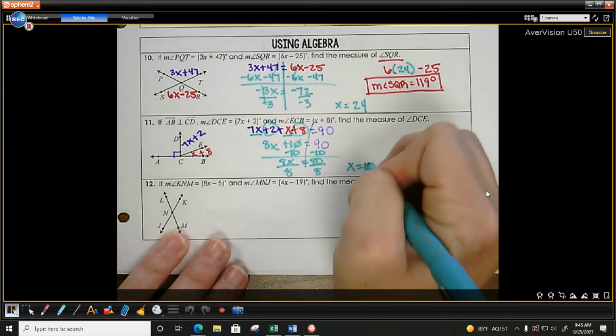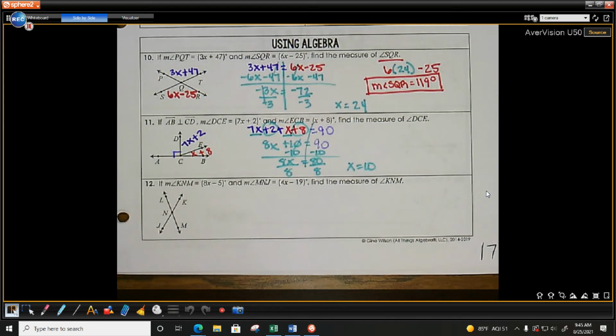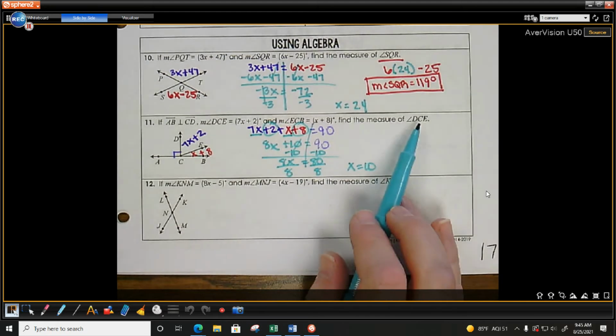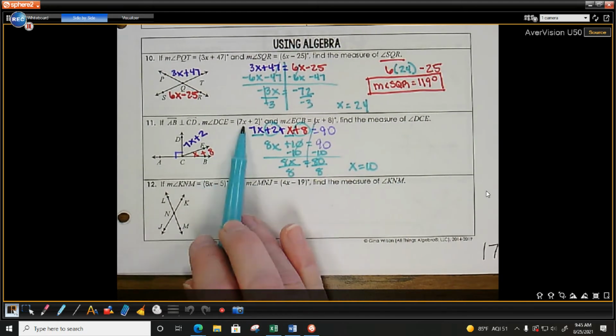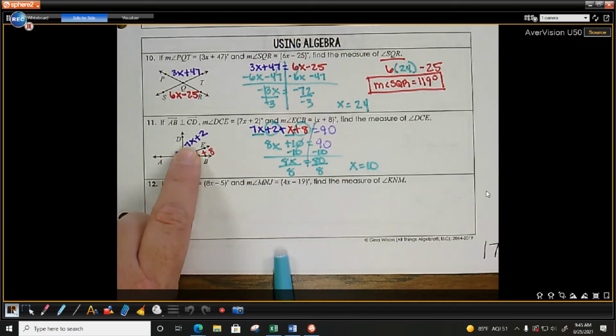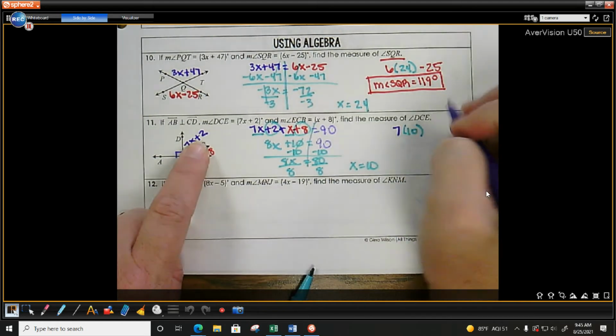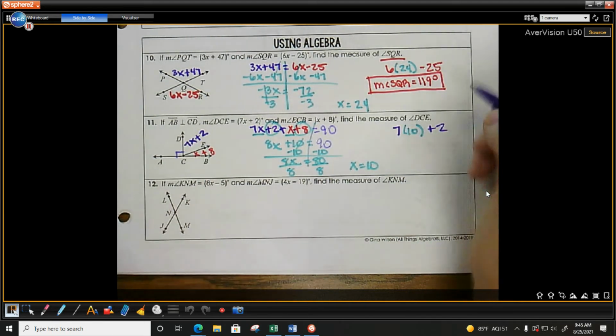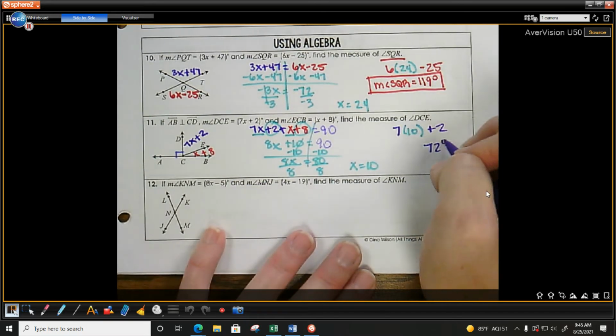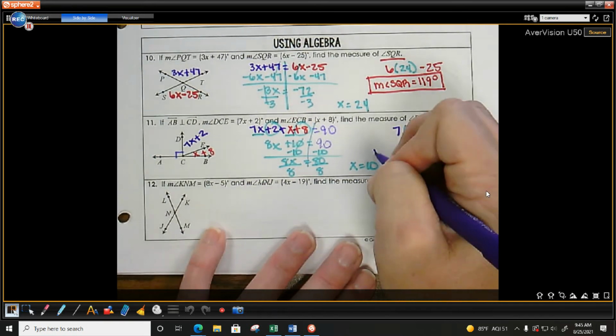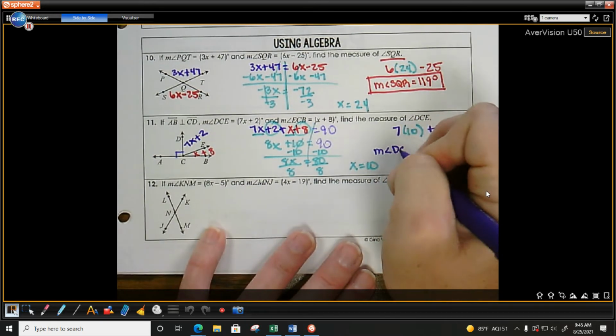Again, is it asking for x? It's asking for DCE. DCE is right there, so 7 times x, which is 10, plus 2 is 72 degrees. So that is the measure of angle DCE.